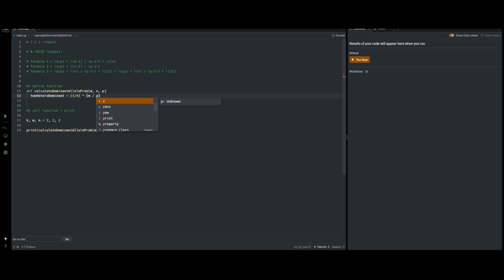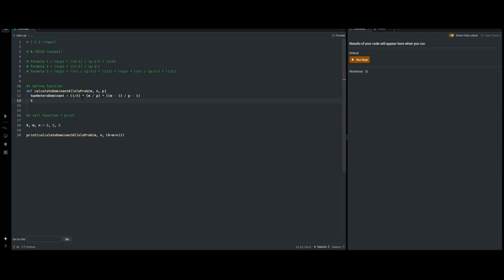You don't want to unintentionally do an operation that is not intended. So in this case, 1/4 times m over p, and then you want to say m minus 1 over p minus 1.